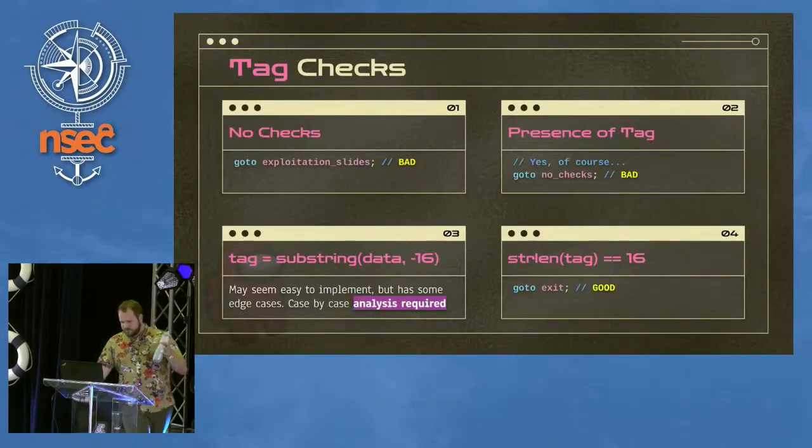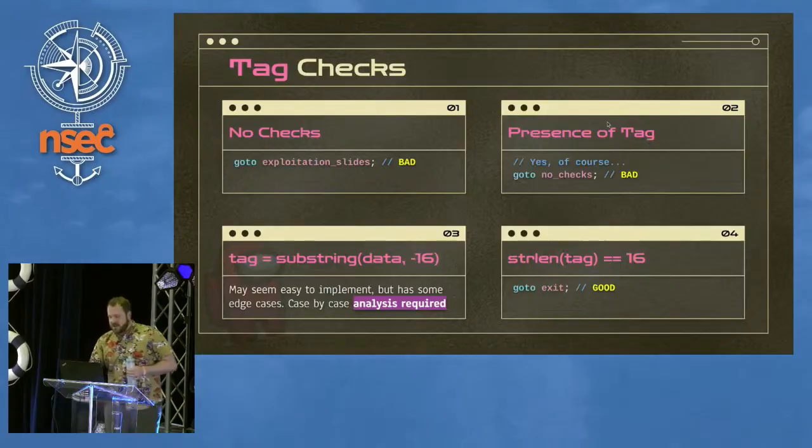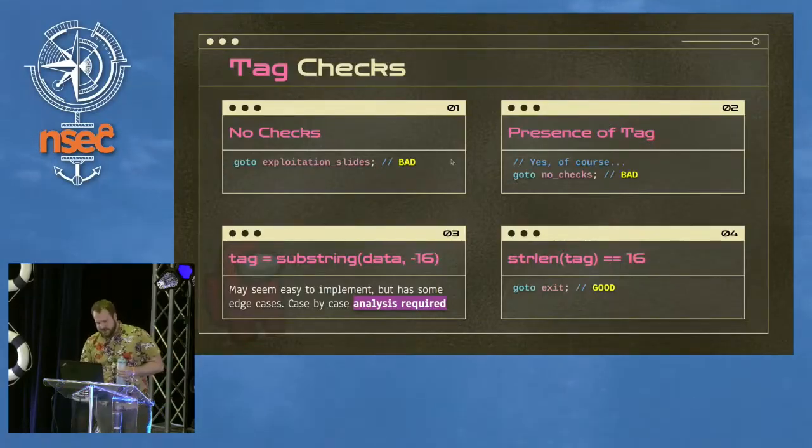So we'll talk about those checks. So this is bad, there's no check on the tag length. Sometimes I've seen places where they look for the presence of a tag. Obviously, it's not good. We'll talk about string length. If it's 16 bytes, we're good. You've done the check that needs to be done.